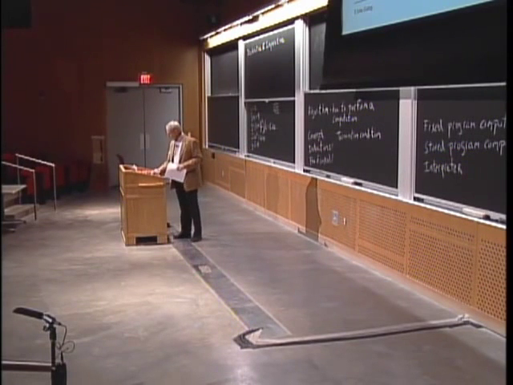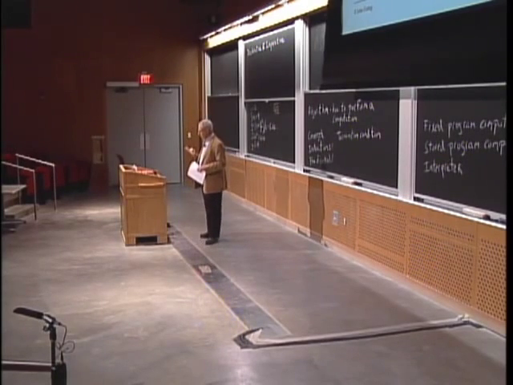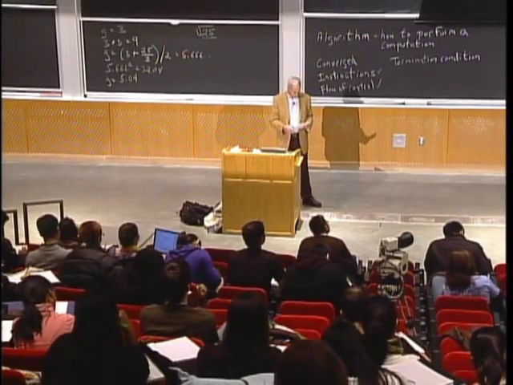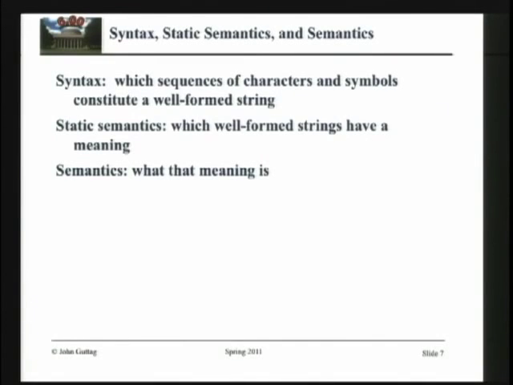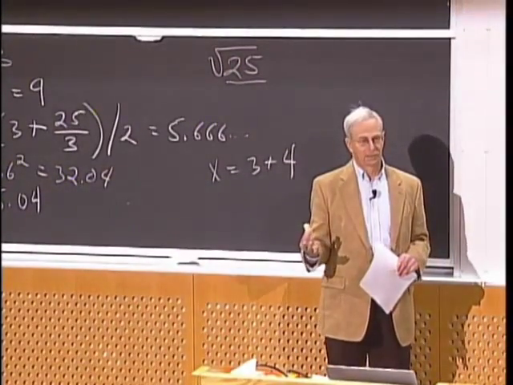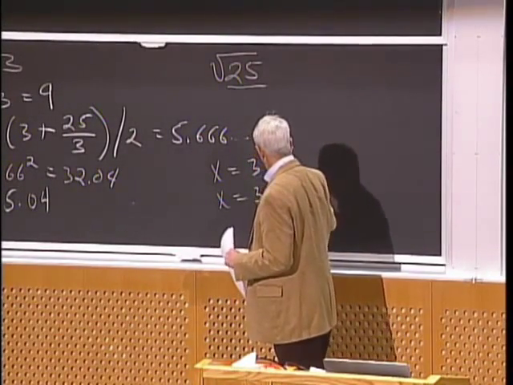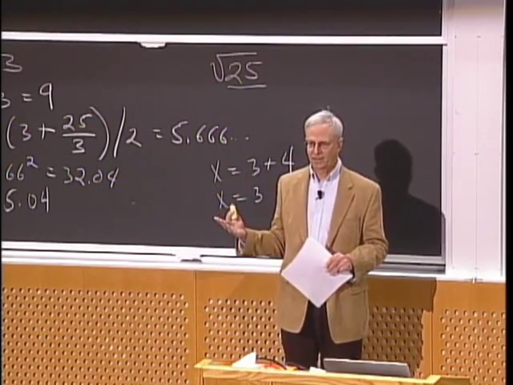All right. So the syntax tells us which sequences of characters and symbols constitute a well-formed string. So it would tell us maybe that we could write something like x equals 3 plus 4, and that's syntactically correct. It's well-formed. It might also tell us that x equals 3 blank 4 is not syntactically correct.